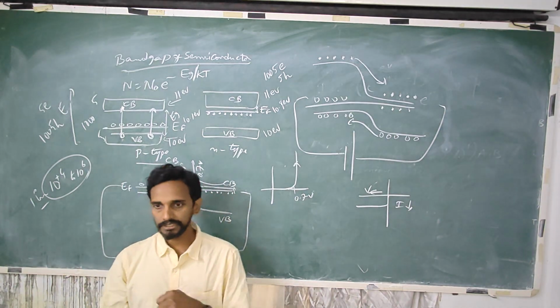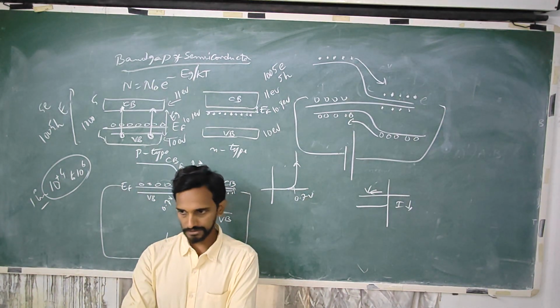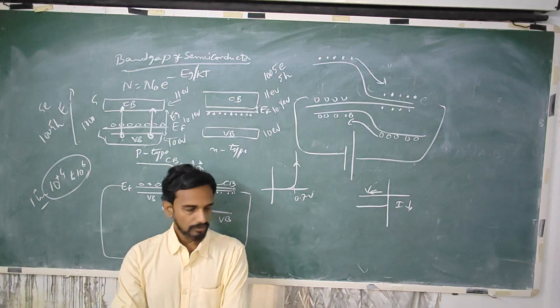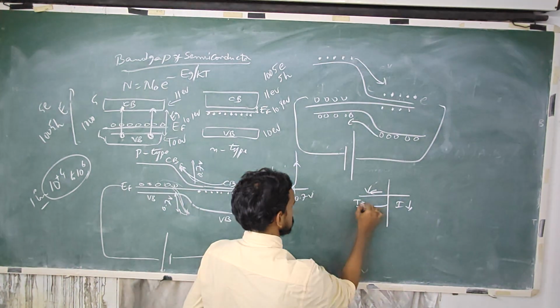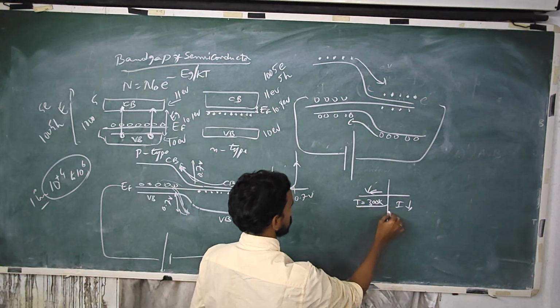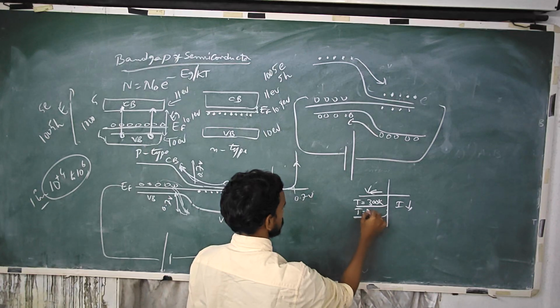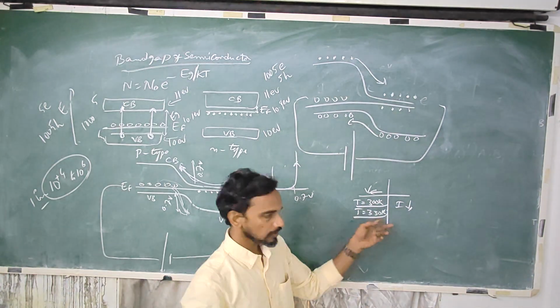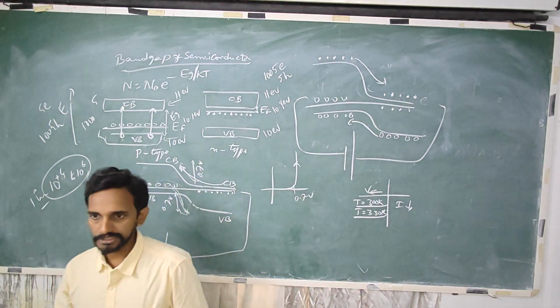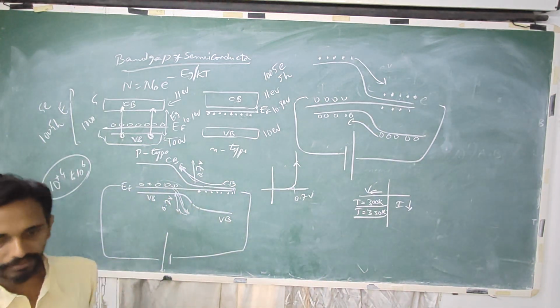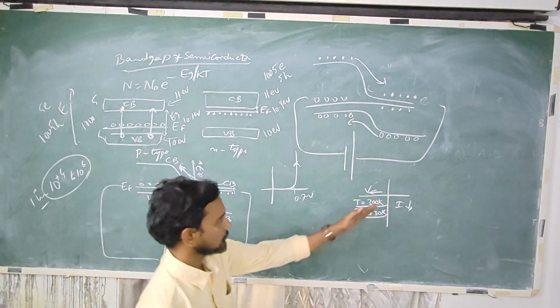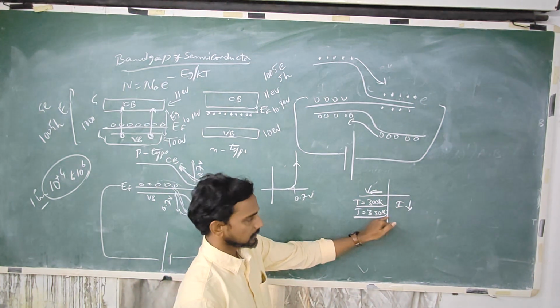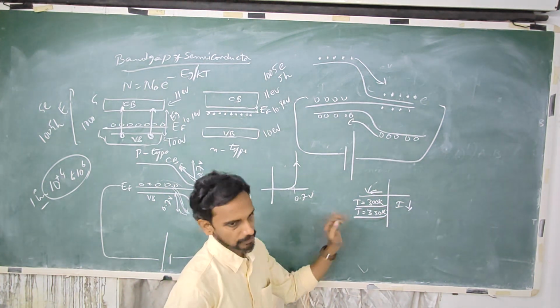So let's say this is at room temperature, and for other temperatures you may get more number of carriers but the value remains constant. So you may get a higher value with rise in temperature but the value remains constant.